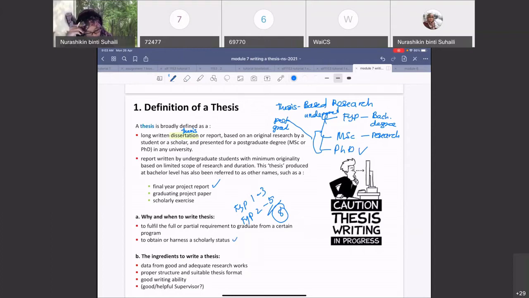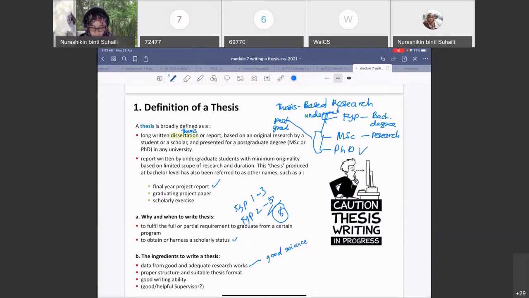The ingredients to write a thesis: data from good and adequate research works, proper structure and suitable thesis format, good writing ability, and good and helpful supervisor. Okay, see, this one is from good science. That's why we talk about doing a good research, right? In some of the earliest topics, good science.